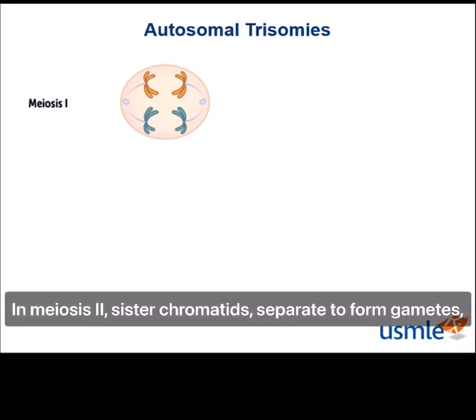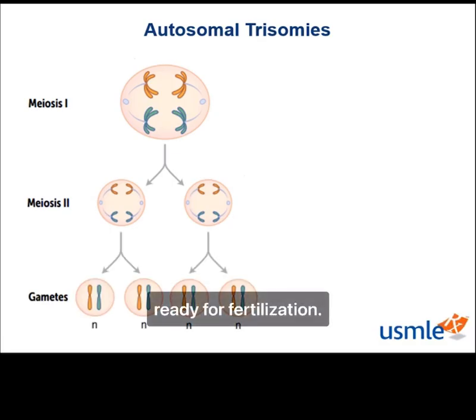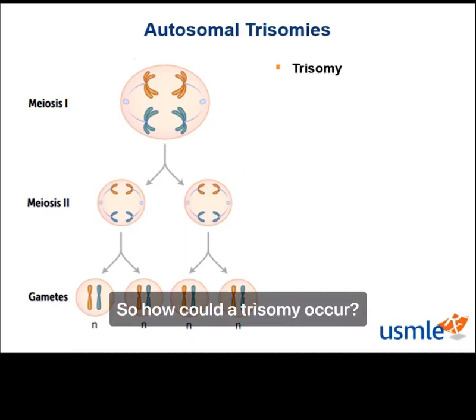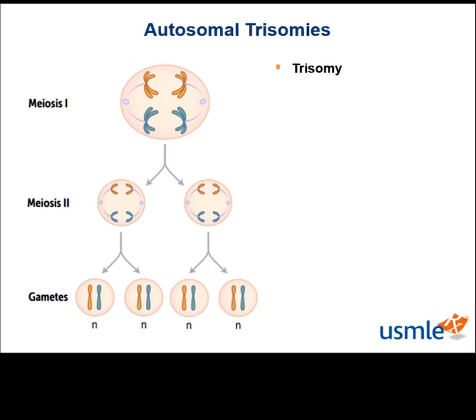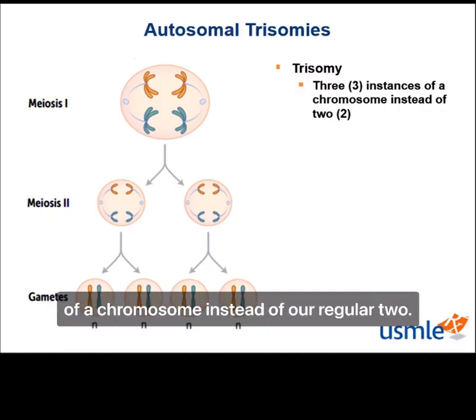In meiosis 2, sister chromatids separate to form gametes, ready for fertilization. So, how could a trisomy occur? Well, what is a trisomy? It's when we have 3 instances of a chromosome instead of our regular 2.